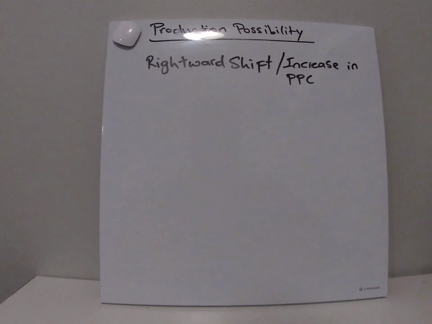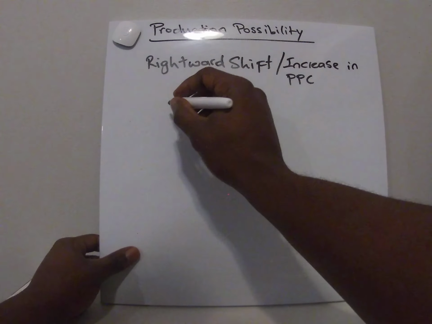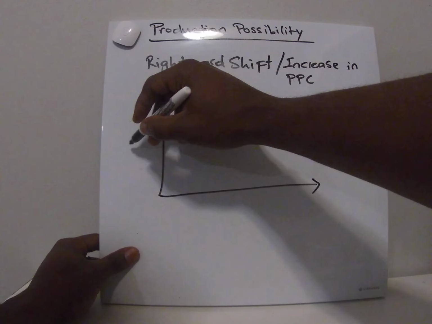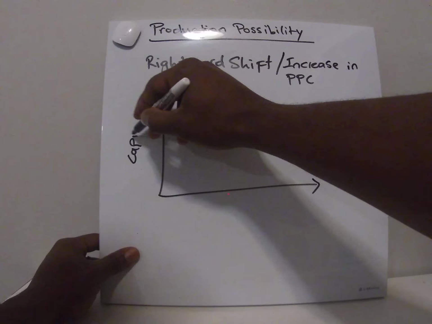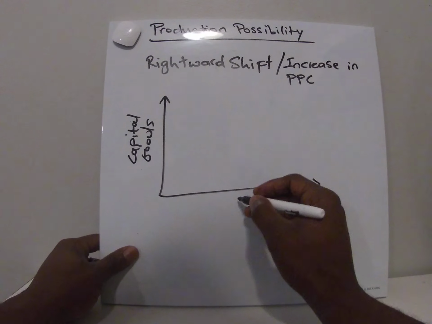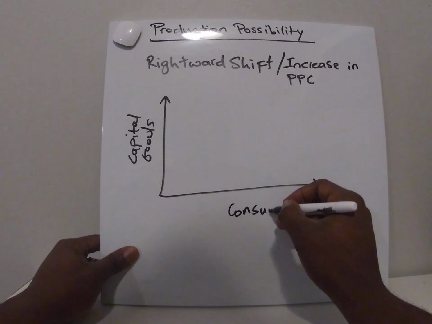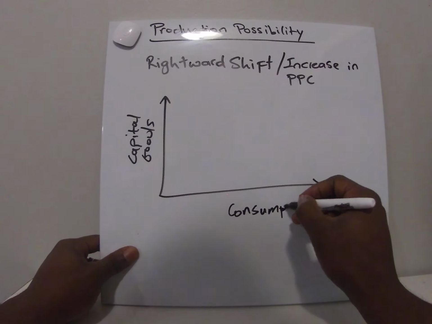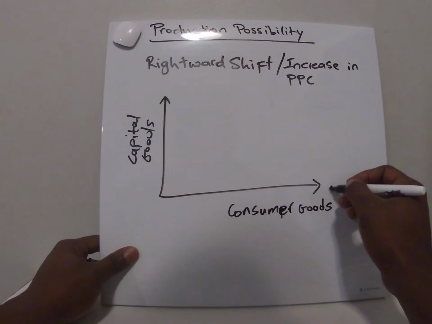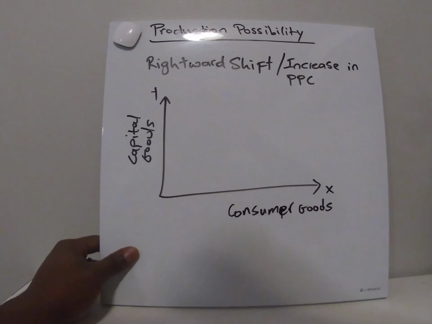All right, so now we're going to talk about a rightward shift, or increase, in the PPC. We're going to deal with the factors that can cause a shift to the right. So I'm going to draw our production possibility curve. This is capital goods and consumer goods on our axes.